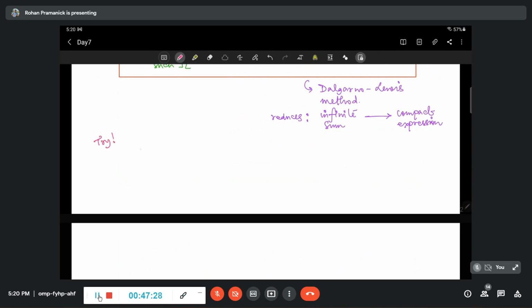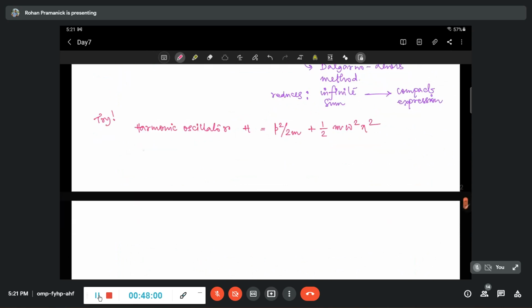You know the Hamiltonian for the harmonic oscillator: p squared over 2m plus half m omega squared x squared.